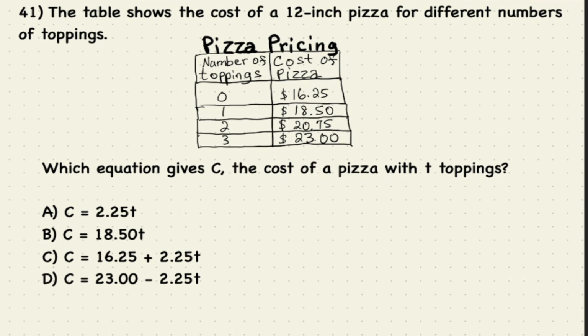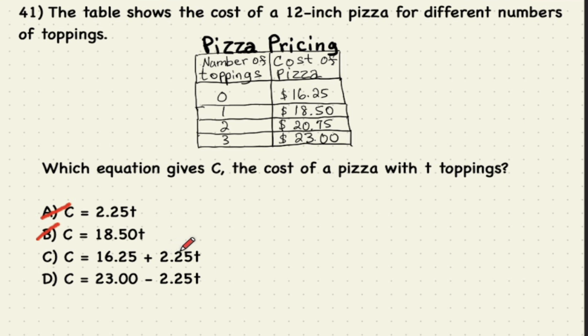Okay, so we know that answer choice A we could eliminate immediately because we know that the cost of a pizza is $16.25 regardless. B is incorrect because this is just starting off at 18.50 for a pizza with one topping, so that's incorrect. And then we have C, $16.25, which we know with 0 toppings, that's what the cost is, plus $2.25 for each topping.